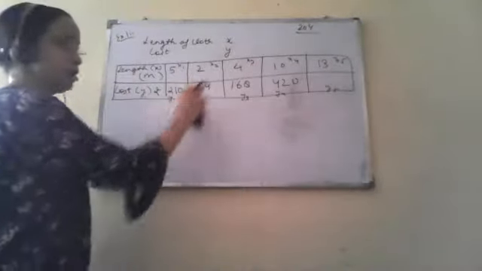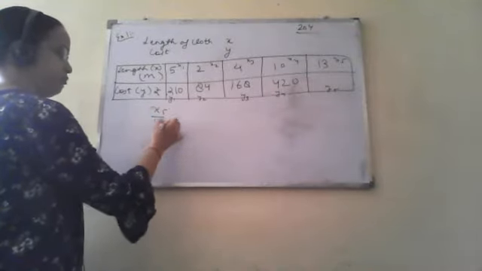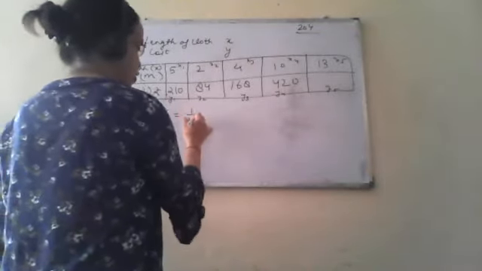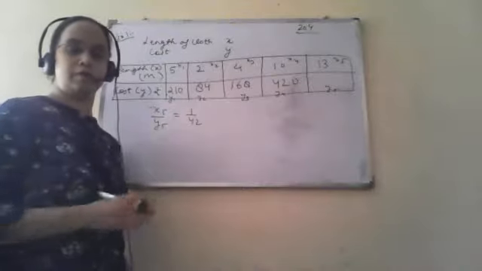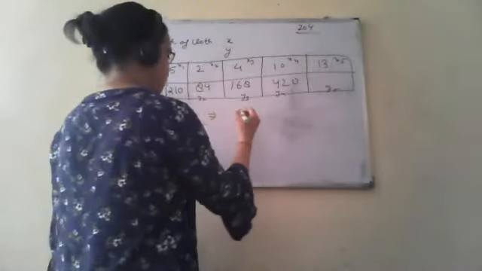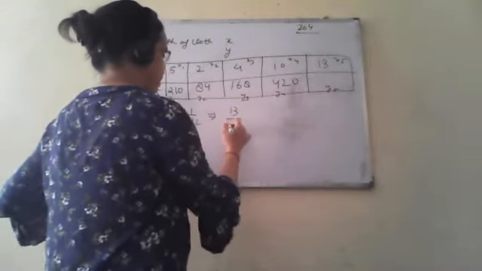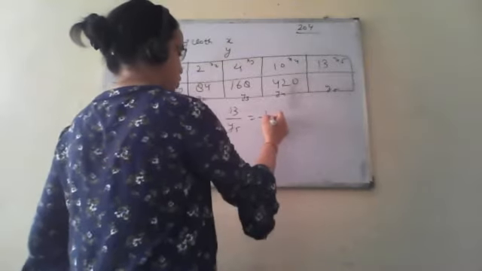Now similarly we can calculate the last part, that is x5 upon y5 equals 1 upon 42. We have to keep this ratio constant. So x5 is 13 and y5 we have to calculate. This is equal to 1 upon 42.